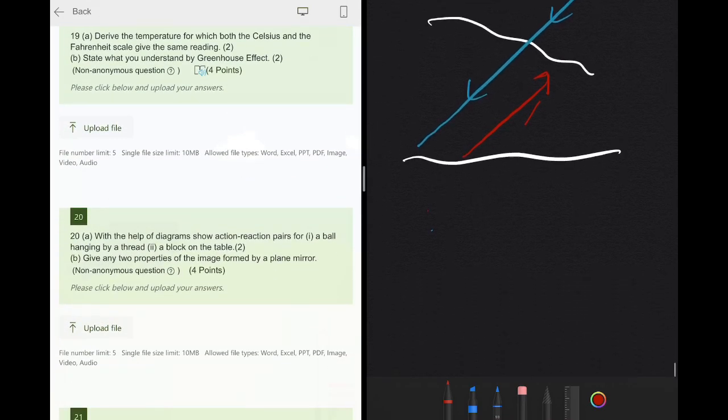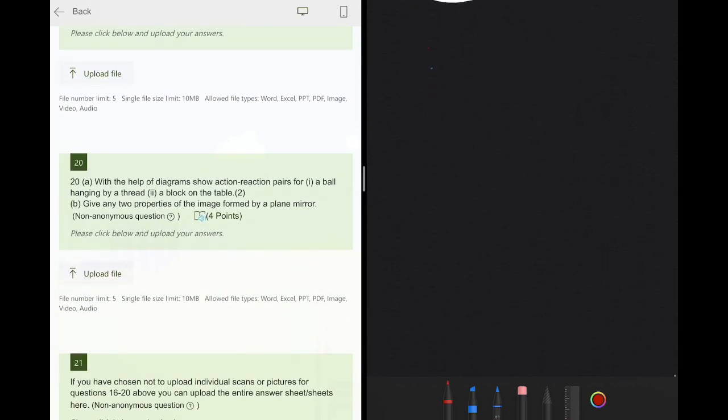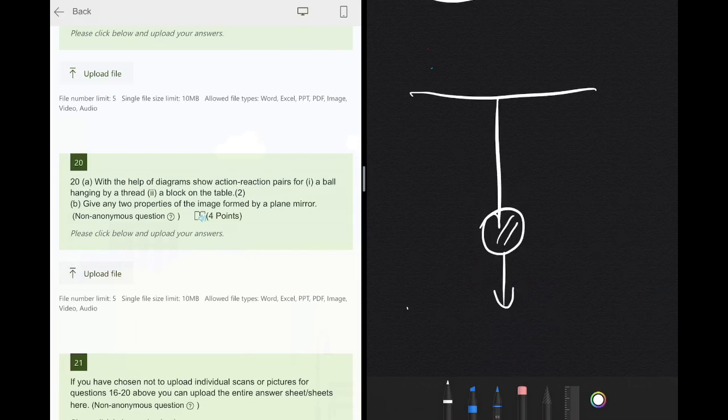And with the help of a diagram, show action reaction pairs for a ball hanging by a thread. So let's say this is a support and this is a ball hanging by the thread. So this is the weight, which is action, and the tension, which is the reaction.